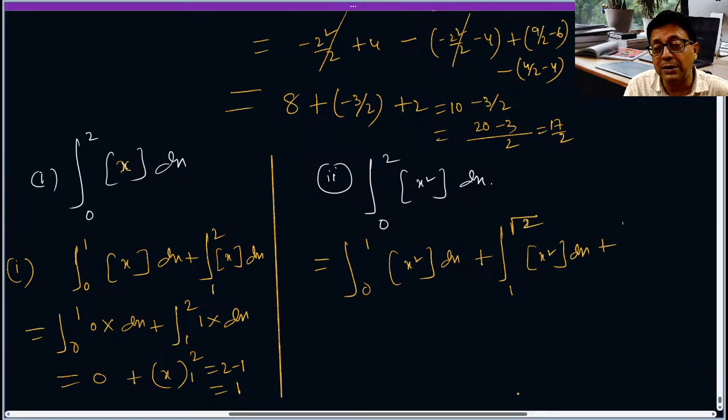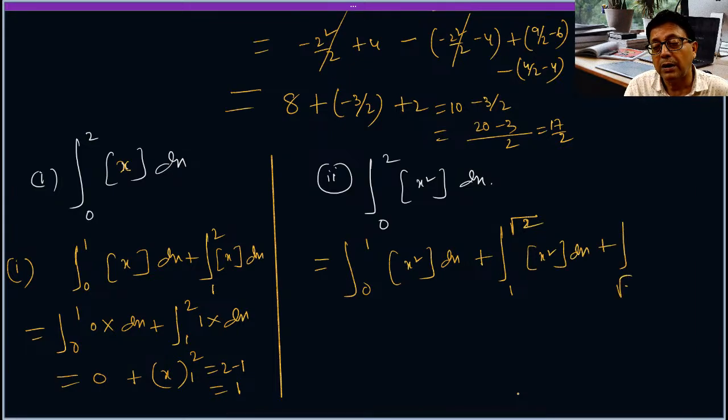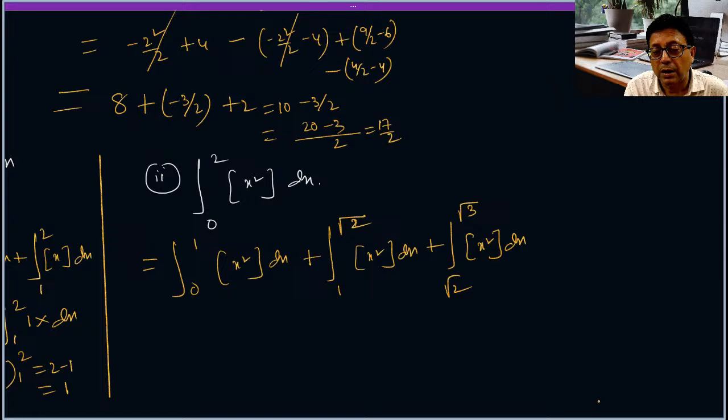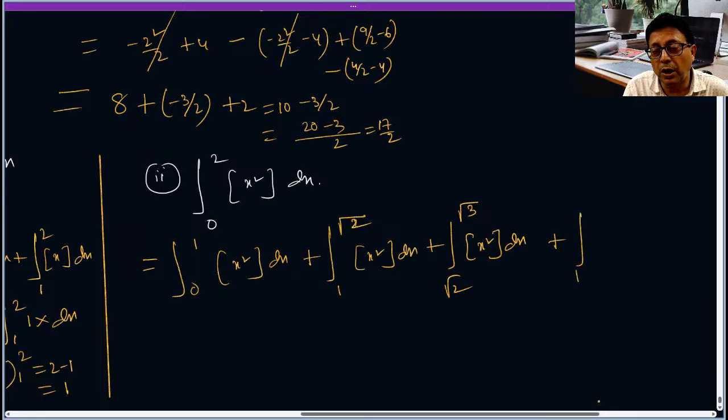Next one will be what? And the next one, it will be from root 3 to 4. Check if any other integer is there in between. Root 3 square maximum, no?